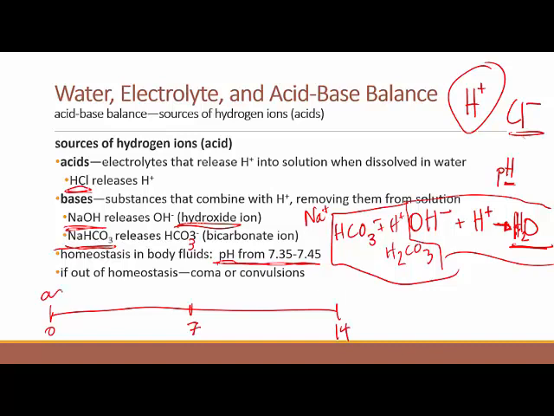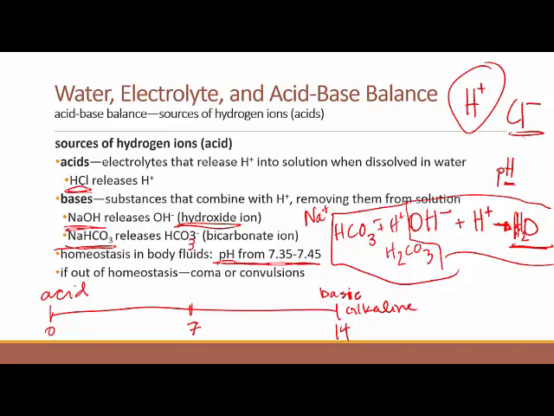Down here, it's acidic. Up here, it is basic. Another word for basic is alkaline. And in the middle, 7 is the neutral zone. So body fluid is slightly basic, just a little bit on the basic side of being neutral.